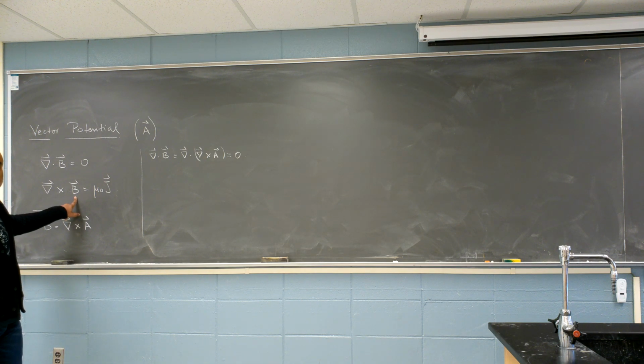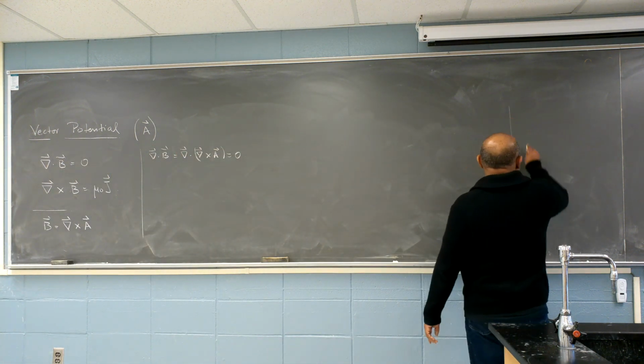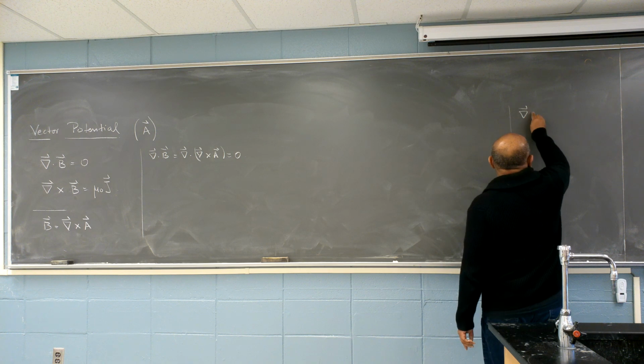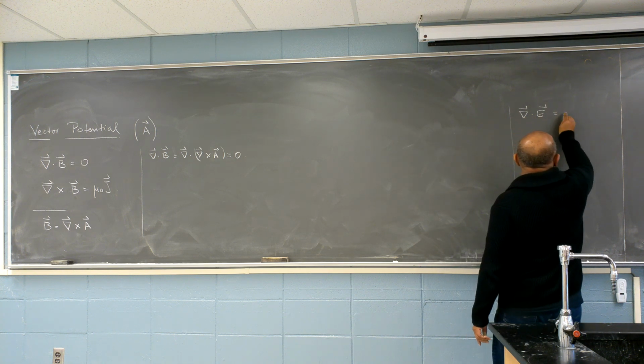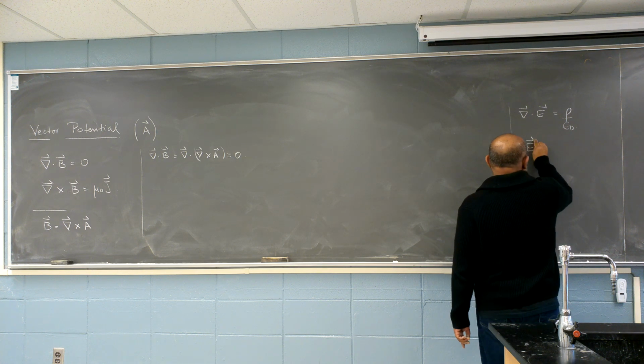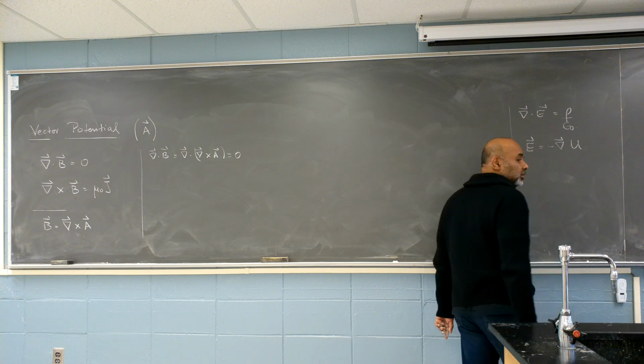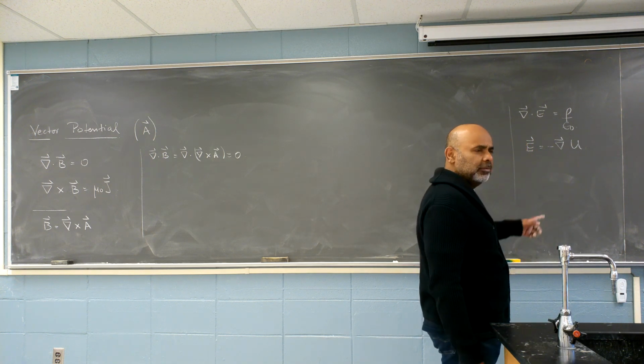because potentials have a way of making life easier. So let me recall. We have divergence of E is equal to rho over epsilon naught. And we picked E to be, and for convenience, so that we have an interpretation of potential energy, we call it V, sorry.